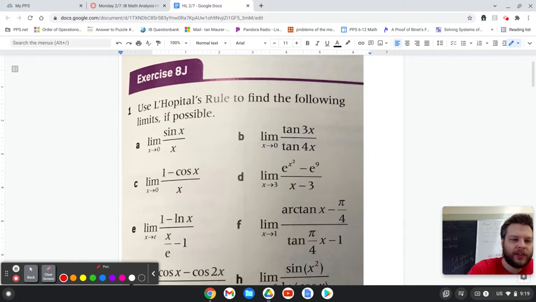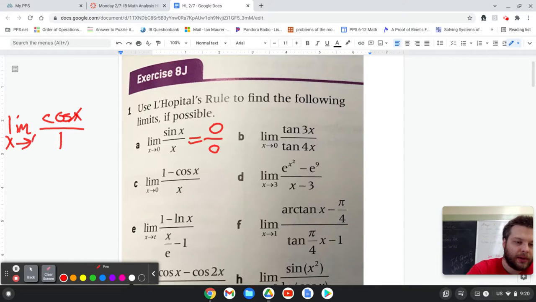Problem one, when we substitute 0 in, sine of 0 is 0, and if you plug in 0 for x, you get 0. So that's an indeterminate form. So we can take the derivative of the numerator, which becomes cosine of x, and the derivative of the denominator becomes 1, and we can come back and attempt to substitute our limit again.